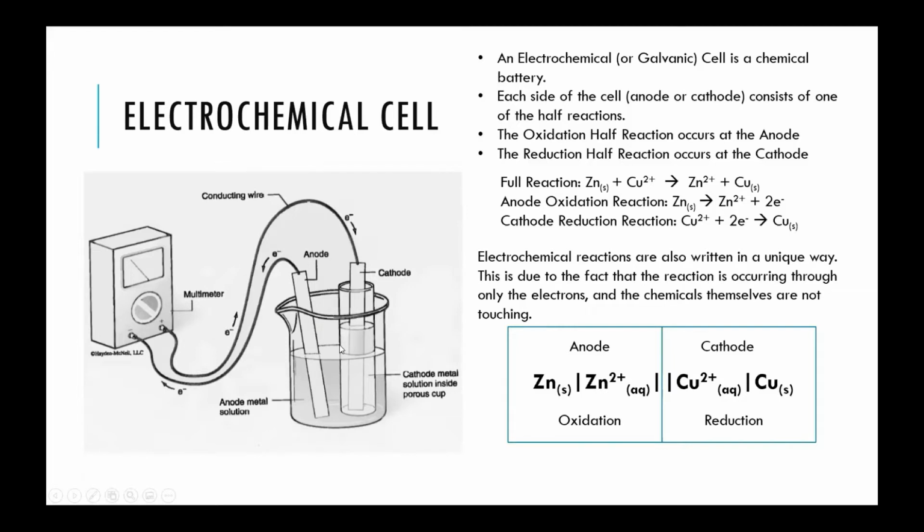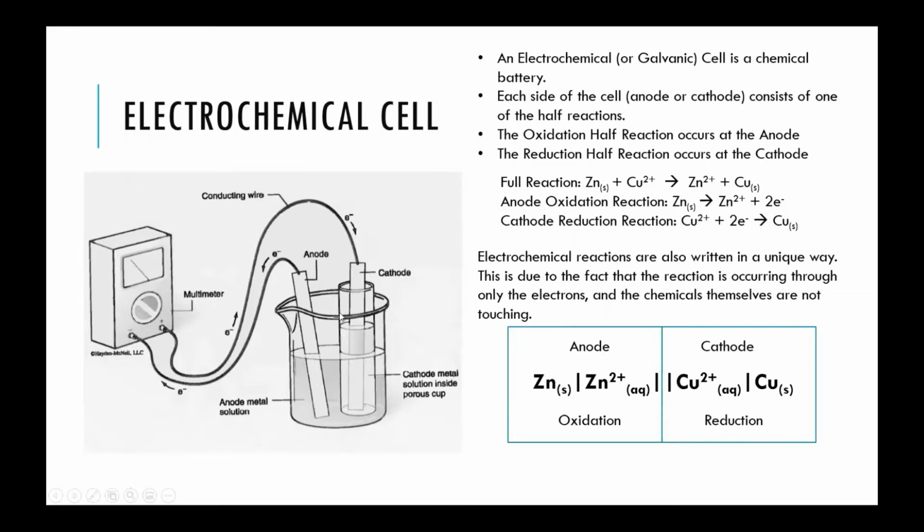So in a chemistry lab, a galvanic cell is something just like this, where you have two pieces of metal, or two places where electrons can come from, the cathode and the anode, and these are in solutions. One of them would be separated out by some other form of a barrier.